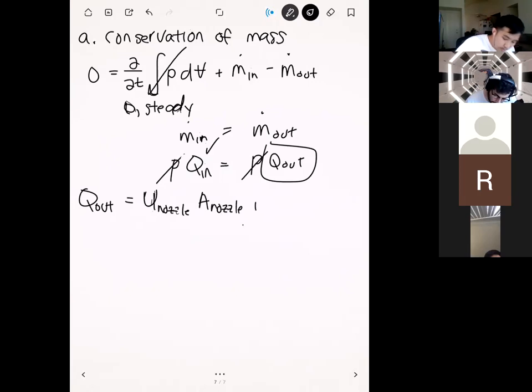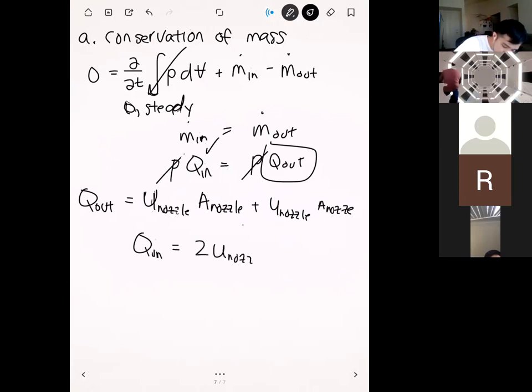Okay. But since there's two of these guys, we can add another one of these. Okay. So this is U nozzle, A nozzle. Okay. And so what we have here is Q in is equal to 2 U nozzle, A nozzle.